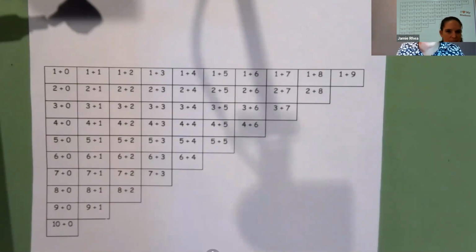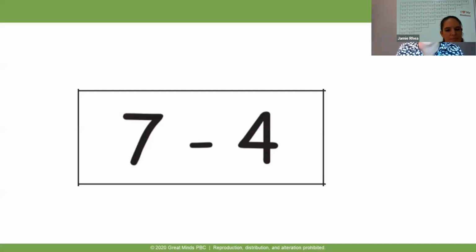Well, today we're going to use this addition chart to solve subtraction problems because addition and subtraction are very closely related. We're going to start with the problem 7 - 4. Before we use the addition chart, we're going to first draw a number bond with what we know. Okay. So take out a piece of paper. Get your stuff ready.